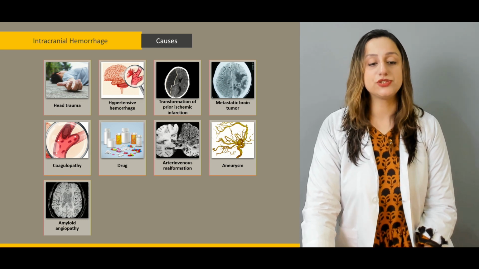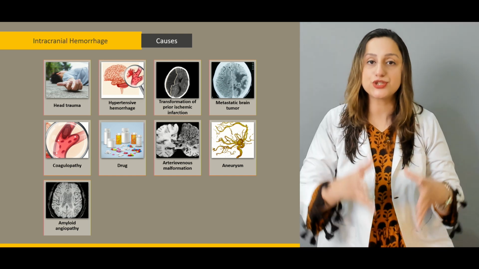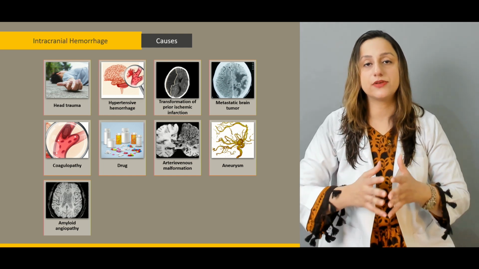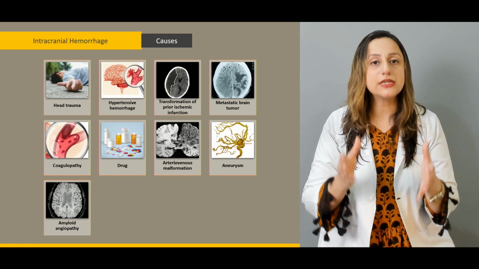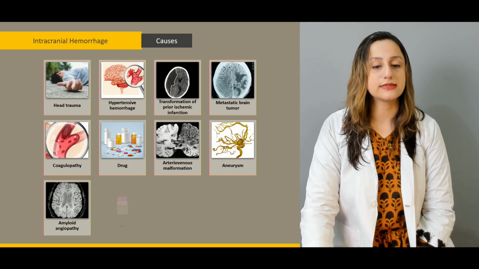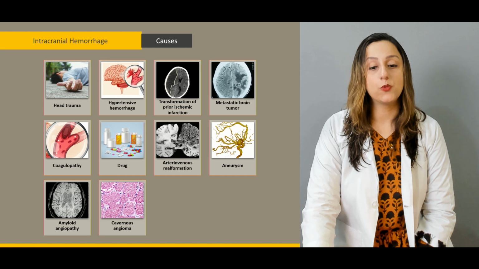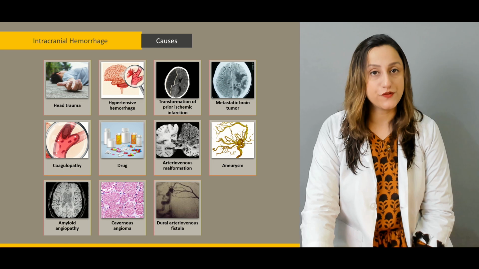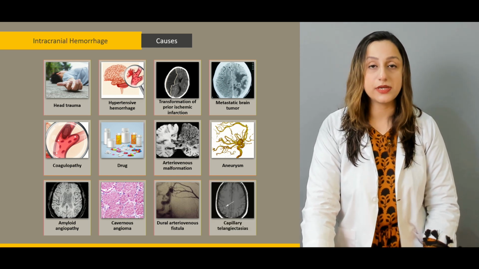Then we have the patients who are suffering from amyloid angiopathies. The deposition of amyloid in the walls of the vasculature, the cerebral vasculature, is going to weaken the walls and make them more prone to intracranial hemorrhages or these cerebrovascular accidents. Then we have the cavernous angiomas, one of the tumorous conditions. We have the dural AV fistulas, again one of the conditions making the patient prone.